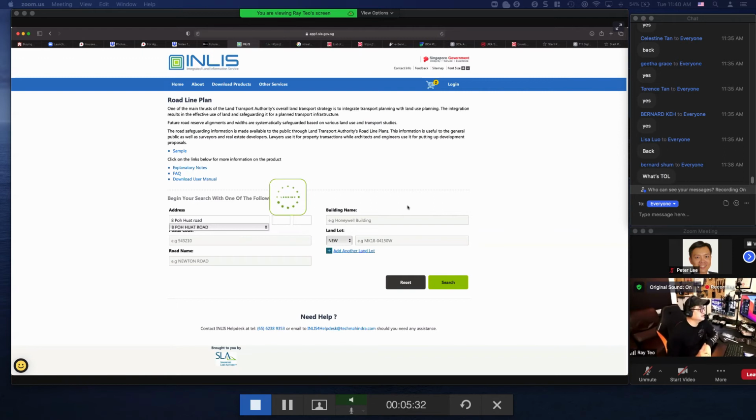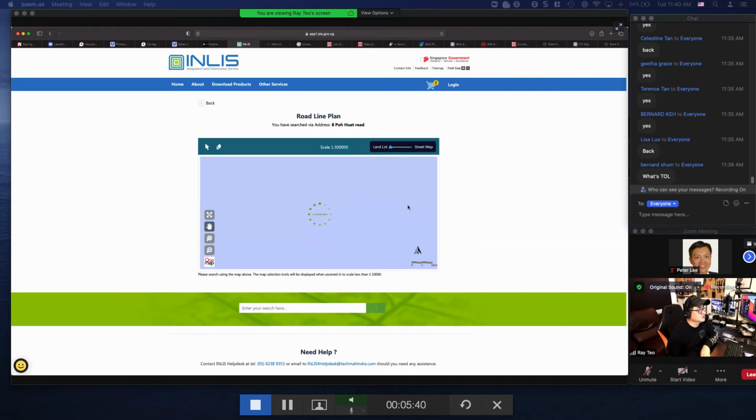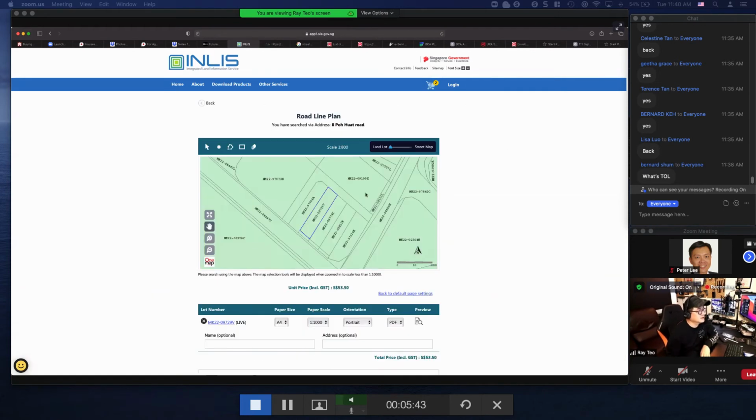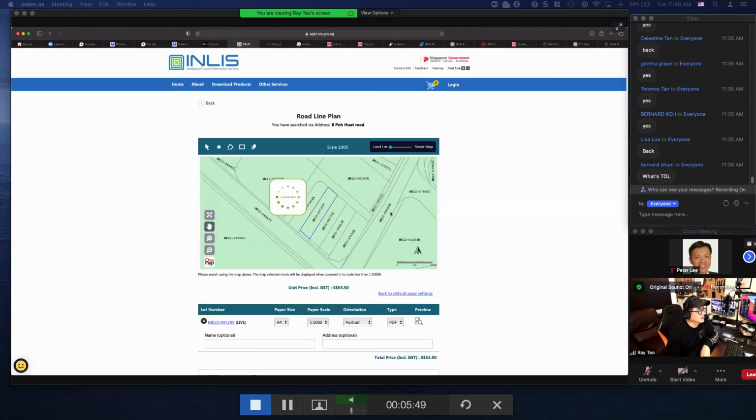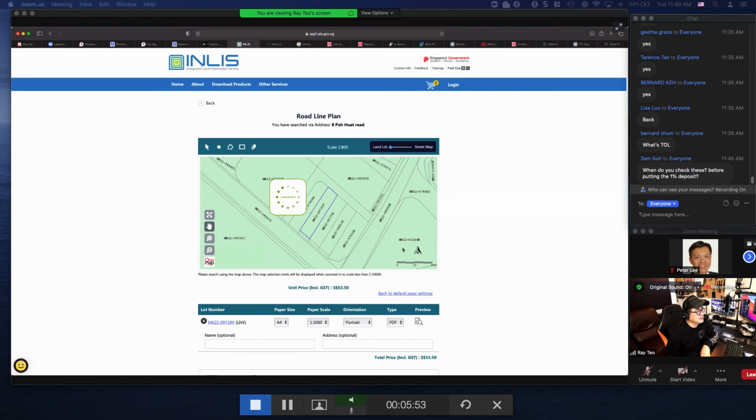Road line plan is due diligence for all landed agents nowadays. This is to make sure that you advise there's no issue. They will show you a sample of the road line plan, and you can do a preview. Once you buy, there's no refund anyway, even if it's not affected.